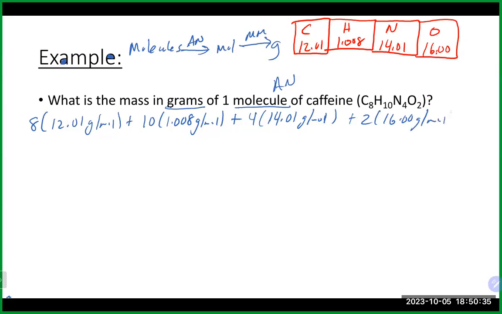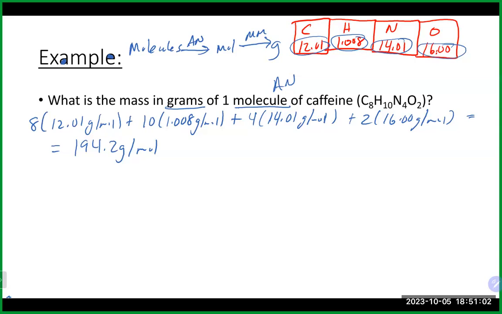Good thing there's no more letters. I feel like I'm out of room there. We add all that together, 196 maybe, 194.2 grams per mole is our molar mass. Any questions on getting the molar mass there? Again, obviously it comes from the periodic table and it's the bottom number there underneath the element.